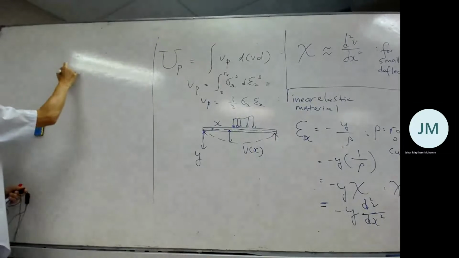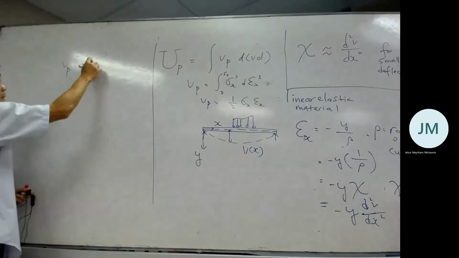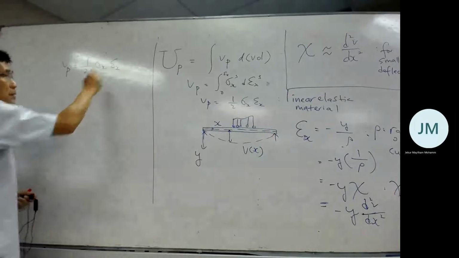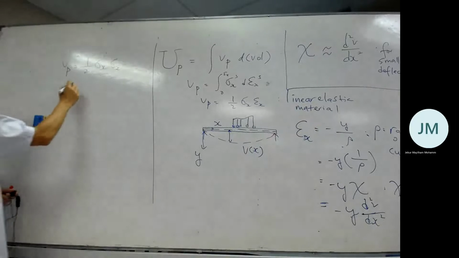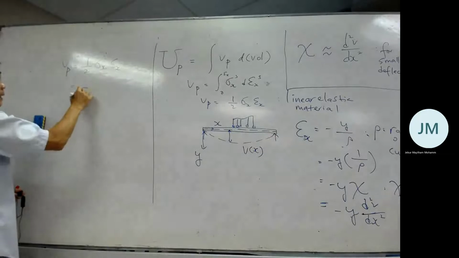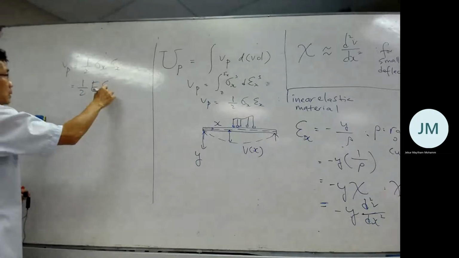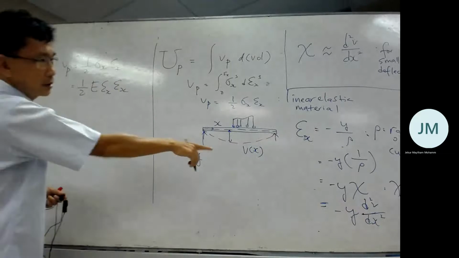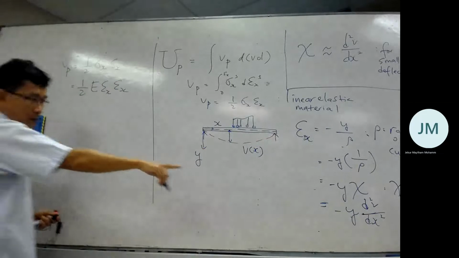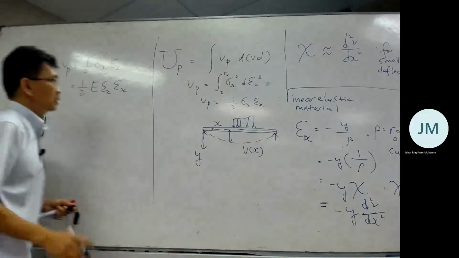So now, strain energy density is half sigma x epsilon x, which is not constant over the cross section. Then this becomes half E epsilon x epsilon x. Now epsilon x is that particular function, negative y d2v dx2.